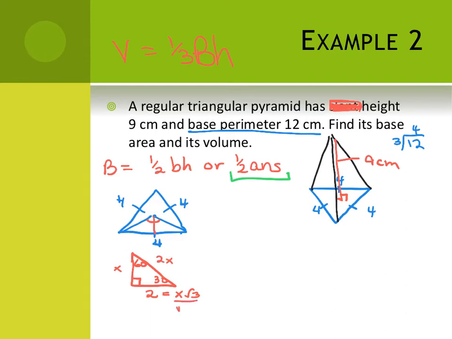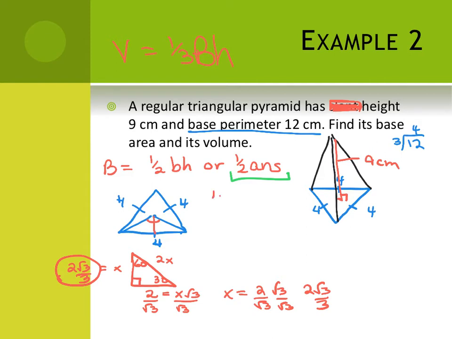So here, if I divide by root 3, then I get x equals 2 over root 3. I have to rationalize, 2 root 3 over 3. This is going to be my apothem.